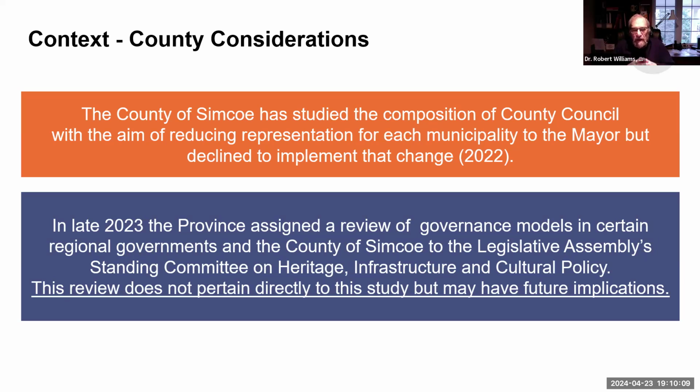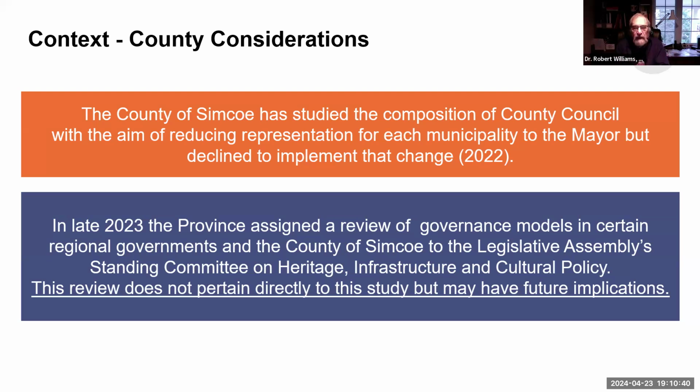And the model here is to have what we might call unit representation. Every municipality that we showed up on that previous chart is entitled to the same number of representatives around the table. The goal has been to think about perhaps cutting the council in half and leaving each municipality with only 1 representative. Now, clearly, if that happened, it would have a ripple effect on Innisfil's own council composition.